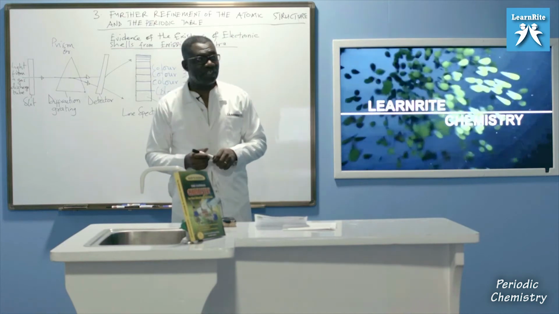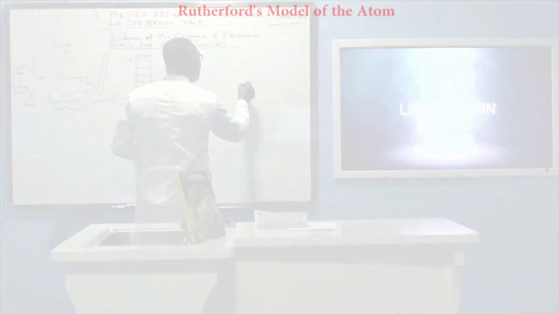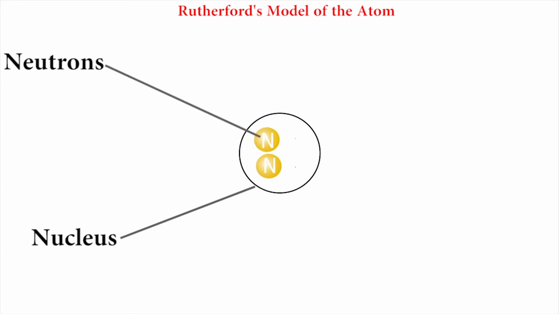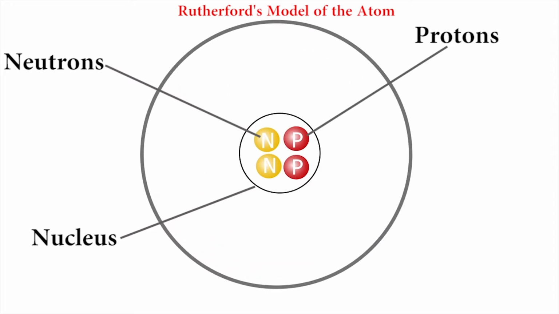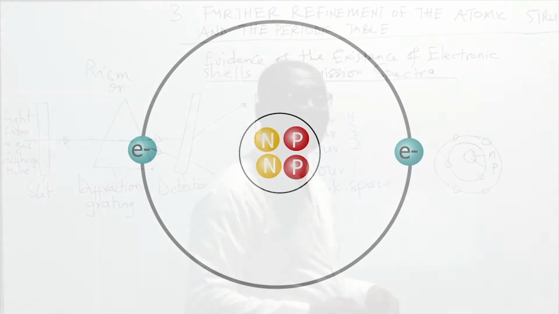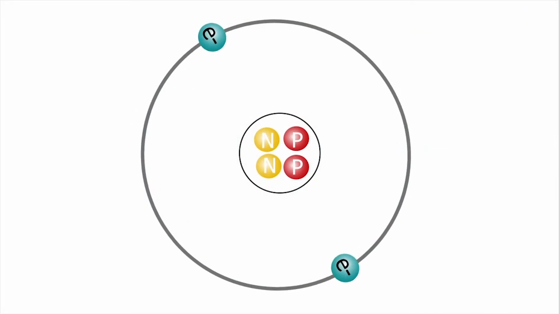What did Rutherford say? Rutherford at that time mentioned that the atom was made up of a small nucleus which contained the neutrons and the protons. And then of course he said that around the nucleus were electrons, negatively charged, that move in circles around the nucleus.